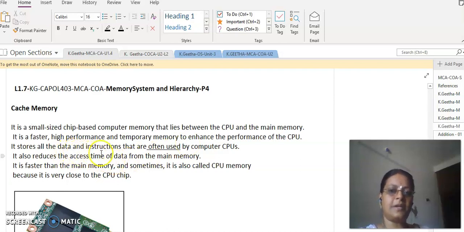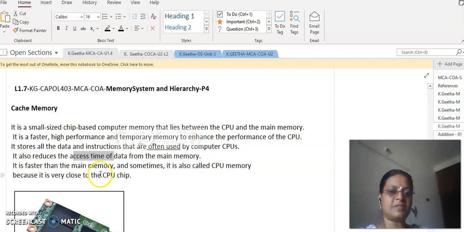It stores all the data and instructions, of course, but frequently referred items will always be kept in the cache memory, and because of that, the efficiency of the CPU is going to increase as the access time required for referring to the data is going to be minimized.